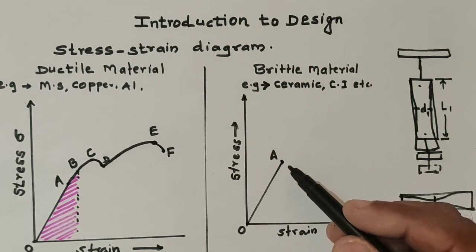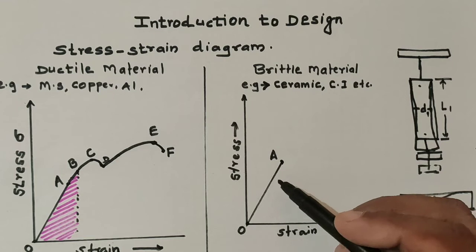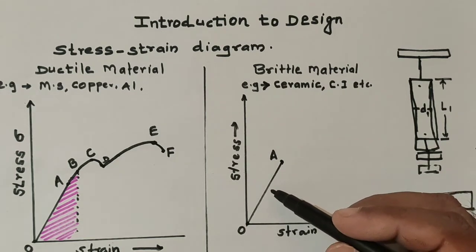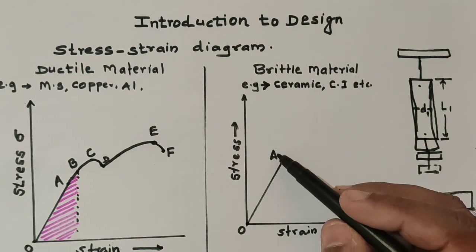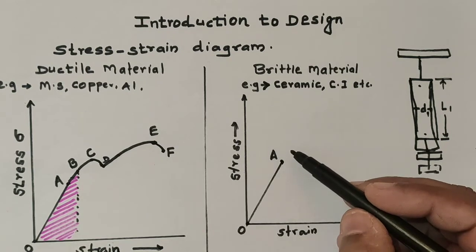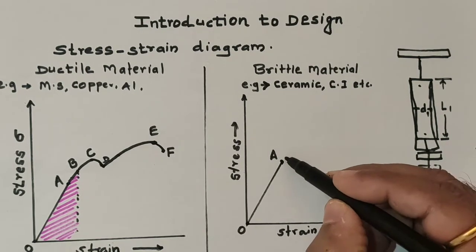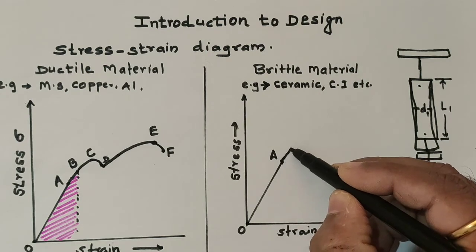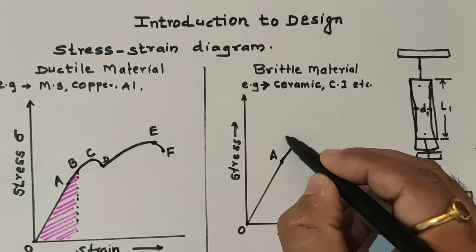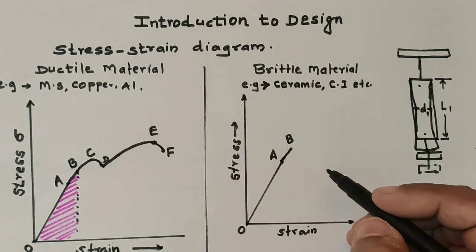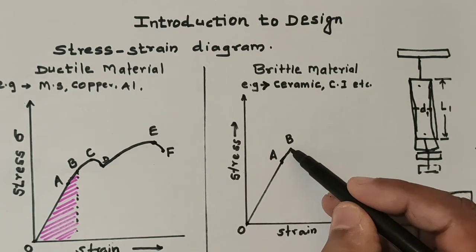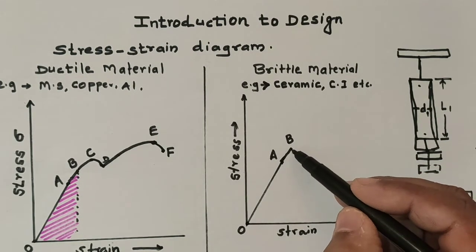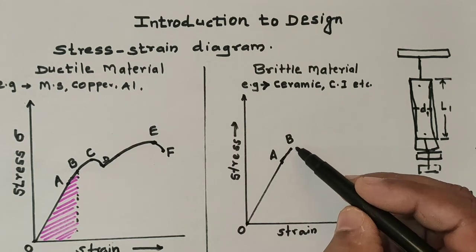Now in such a material the elastic limit lies above the proportionality limit, up to the point B. After this elastic limit, the curve shows a permanent deformation.